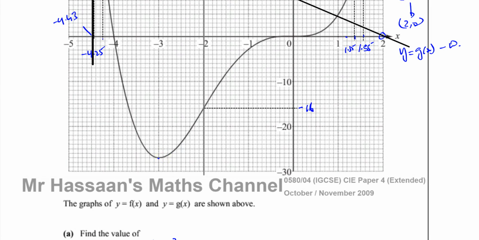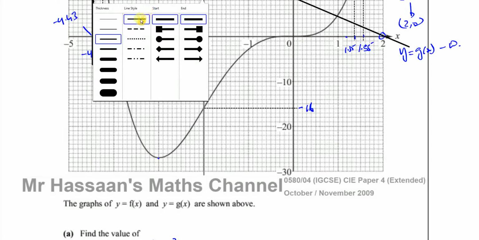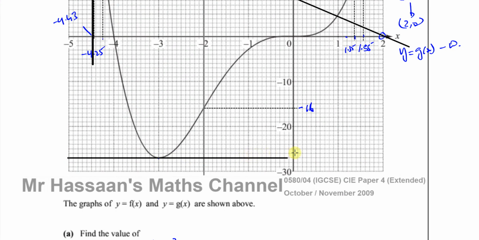See, this is 21, 2, 3, 4, 5, 6, 7, 8. It's exactly here. So basically this tangent is going to be a horizontal line like this. That's where the curve turns. So this is the line y equals minus 27.